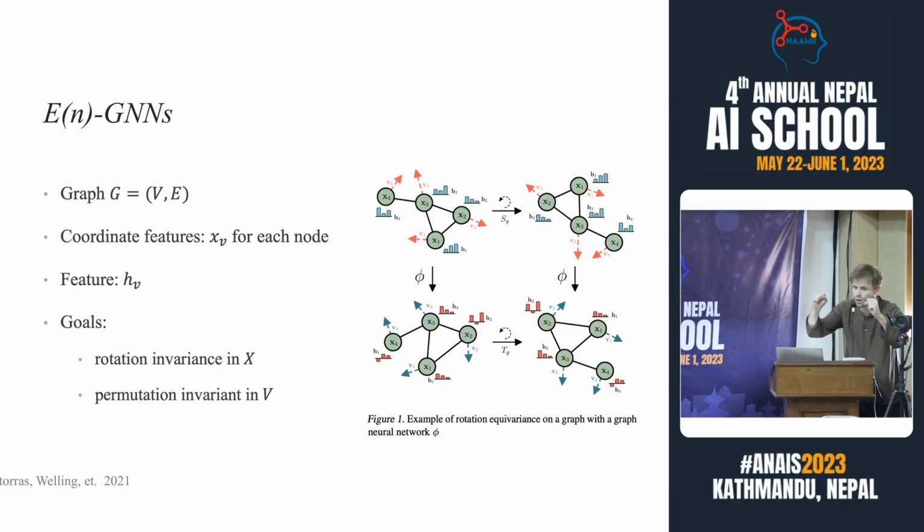So the features of each node will include coordinates. But if you have a system with many particles moving around, and you take the system and rotate it, it should be the same, right? So it should be invariant or equivariant to this. The dynamics, if I'm here, should be the same as the dynamics if I'm here. And this is what we mean by it should be roto-translation equivariant or invariant.